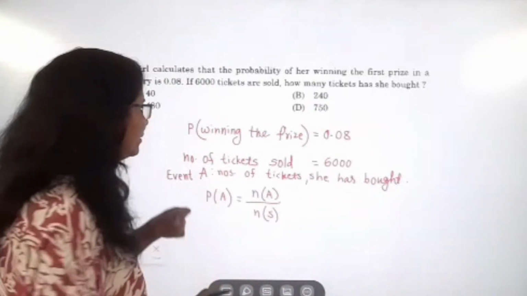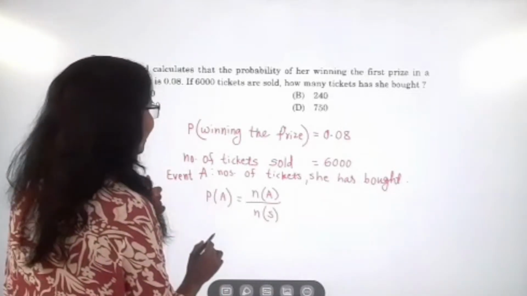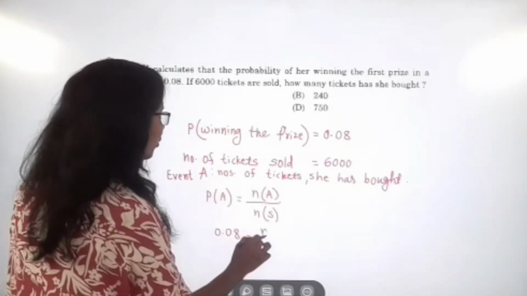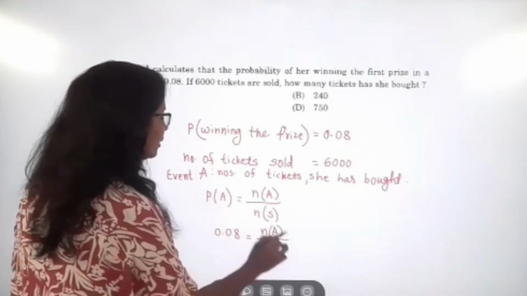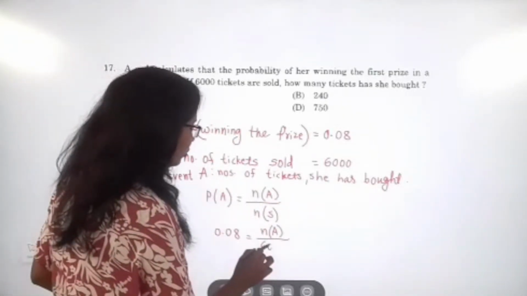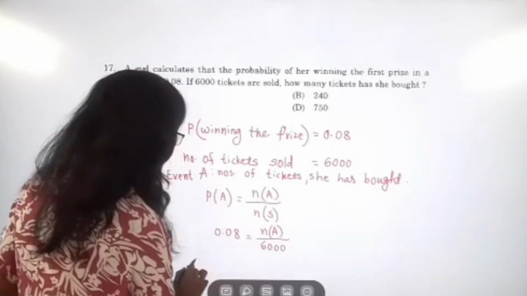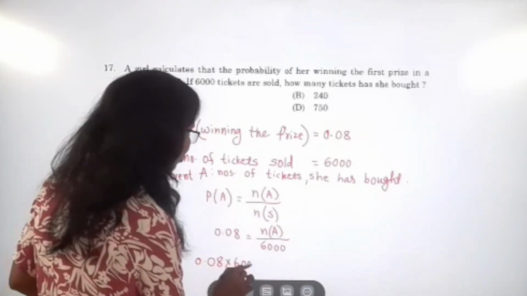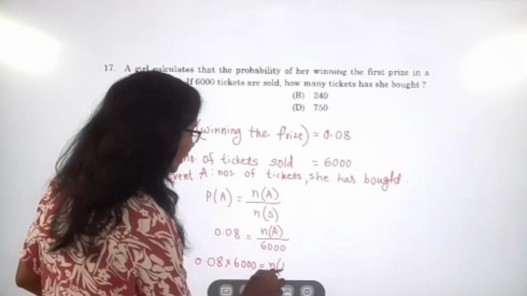So now here the probability of A is equal to 0.08, and we have to calculate n of A. n of S, the number of tickets sold, is equal to 6,000. So multiply 0.08 by 6,000, which is equal to n of 8 students.